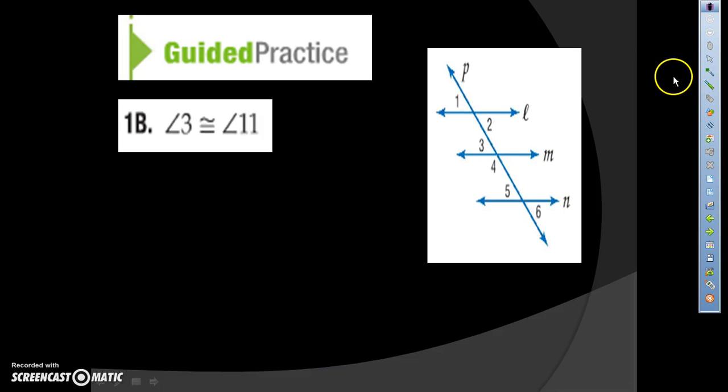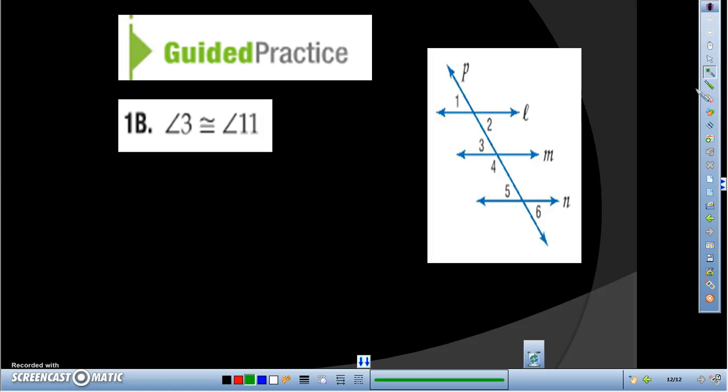And again, we are missing angles. So I am going to just place this where I see fit. Okay, so let's call this angle 3, and let's replace angle 6 with angle 11.